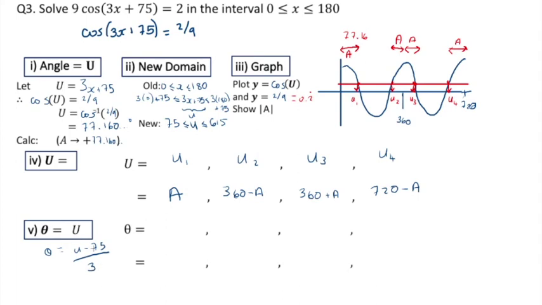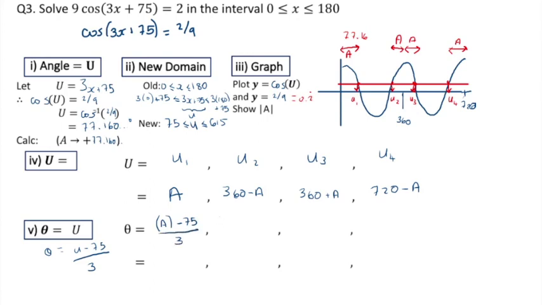So all I'm going to do is use this to write out these 4 angles. So where I had u, I've got this angle here, so that's going to become, I'll put it in brackets, a minus 75 over 3.